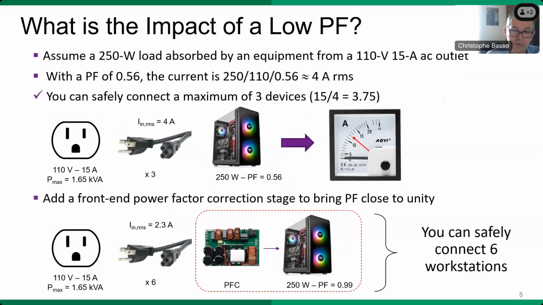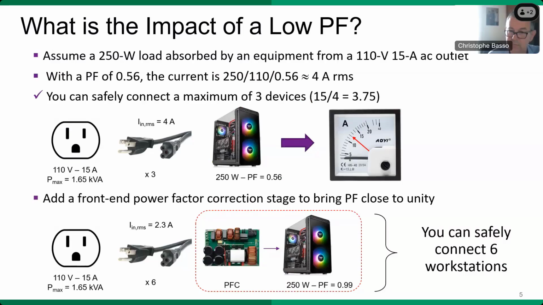The power factor is less than unity, and you see, as I said, larger circulating RMS currents for a given active power. So if I take the example of an AC outlet whose maximum RMS current is specified to 15 amps, like in the US, for instance, you could only connect 3 250 watt workstations in the given example, provided they don't have any power factor correction stage.